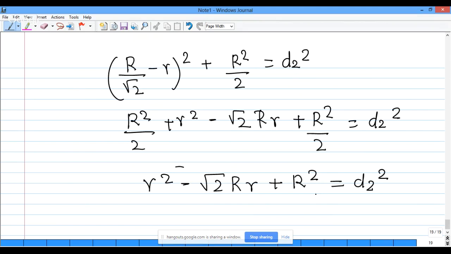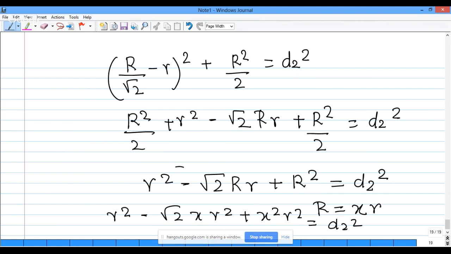And I know that R is x times r. So plugging that in, we get r squared minus root 2 x r squared plus x squared r squared is d2 squared.